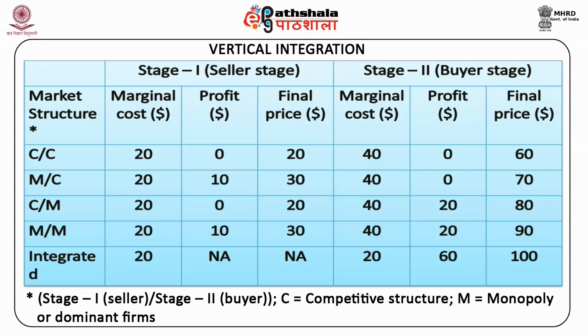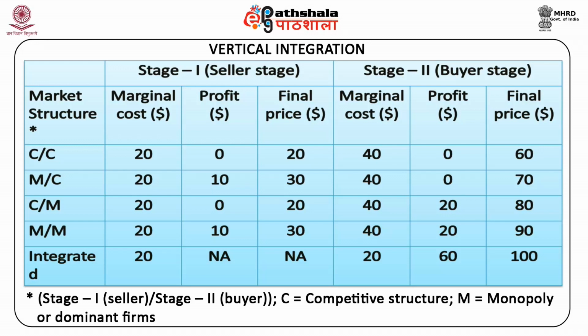In stage 2, the marginal cost is 40, the competitive price is 40 and the monopoly price is 60. The final price is the sum of the two individual marginal costs plus any profit margin that the market conditions allow.